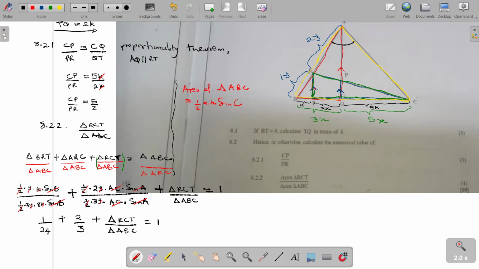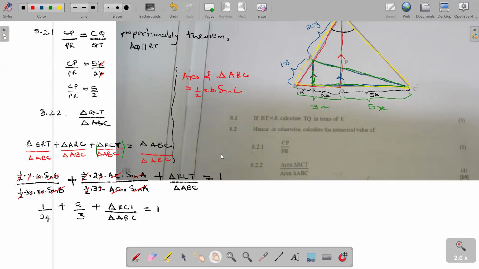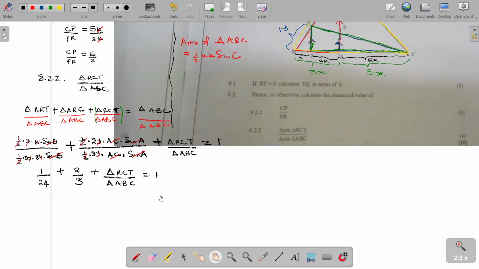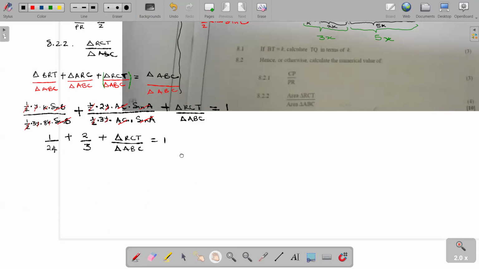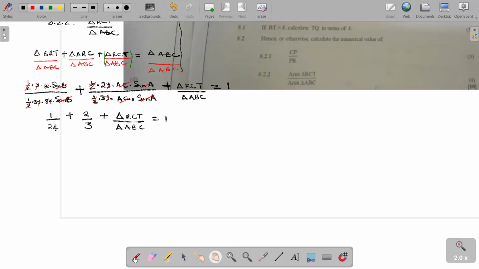Then from there, we can make that the subject of the formula. So it therefore means that our triangle RCT divided by the area of triangle ABC will be equal to 1 minus, we are going to transpose these two.